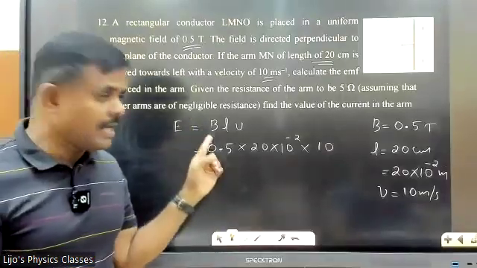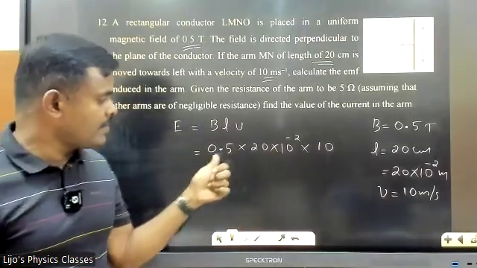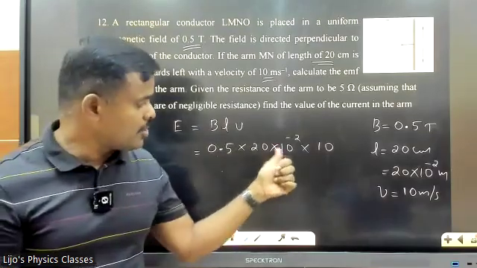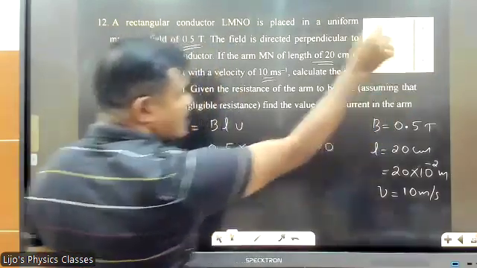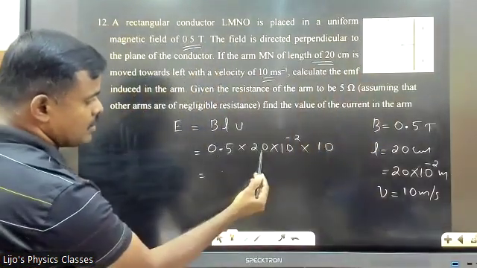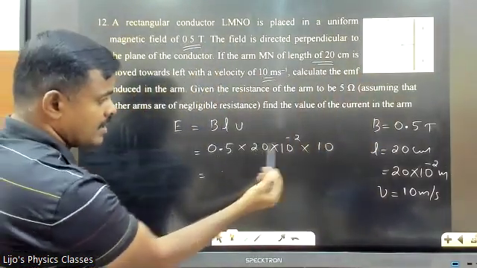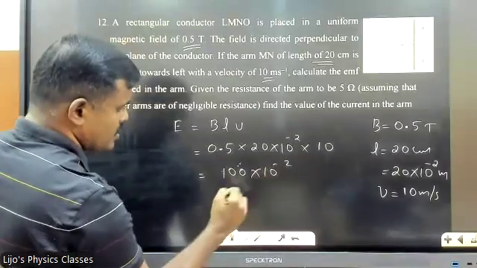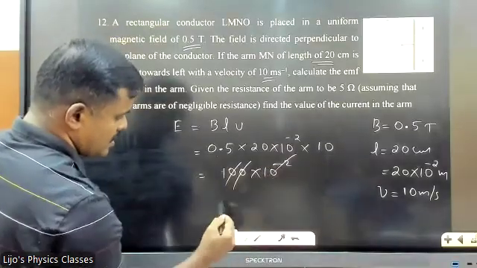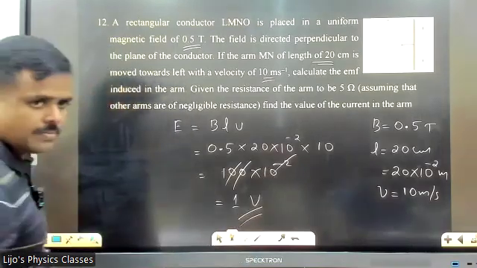Motional EMF is BLV. B is 0.5, length is 20 into 10 power minus 2, velocity is 10. So 0.5 into 20, that will be 10. 10 into 10, 100 into 10 power minus 2. The zeros cut with this. That will be 1 volt.